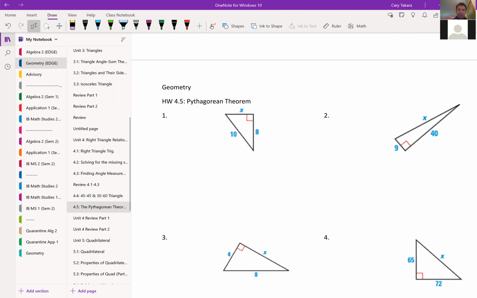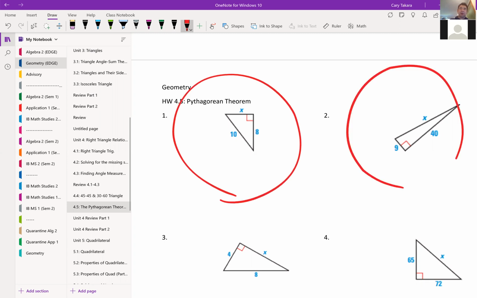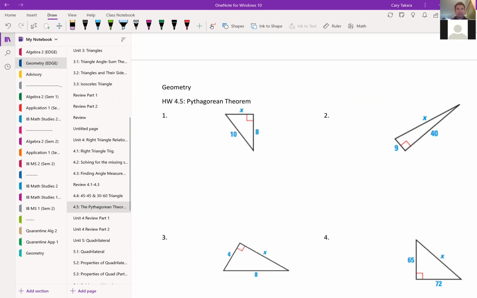Okay. So again, in any of the problems, the first step is to identify which one is A, B, or C. So let's try that. So number one, which one is the hypotenuse?